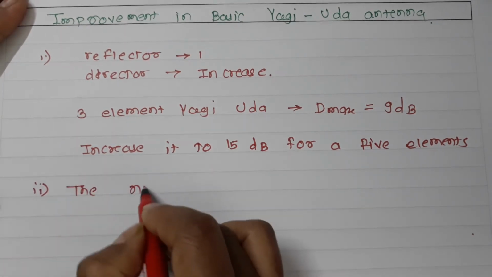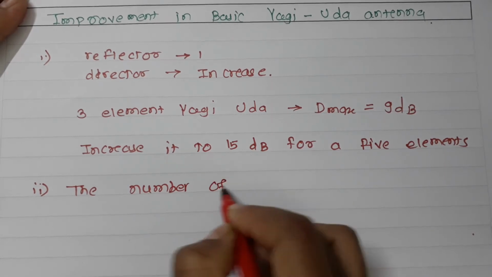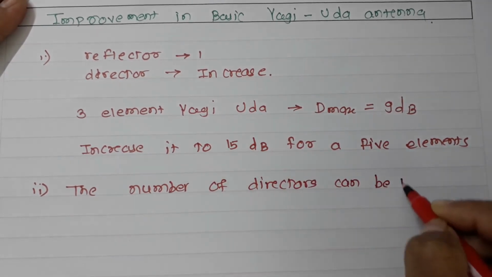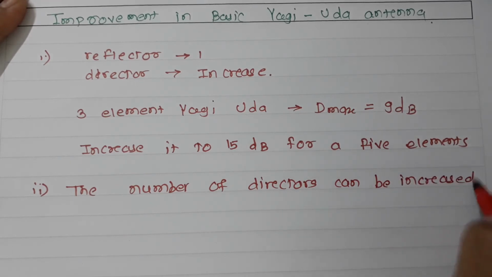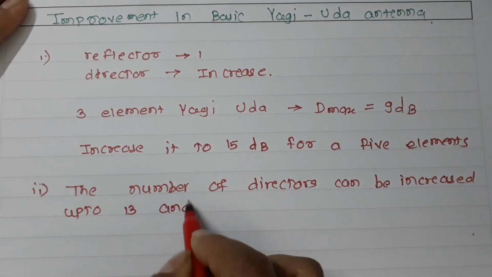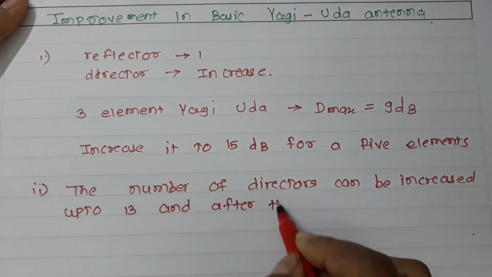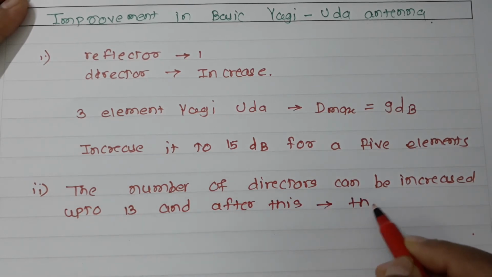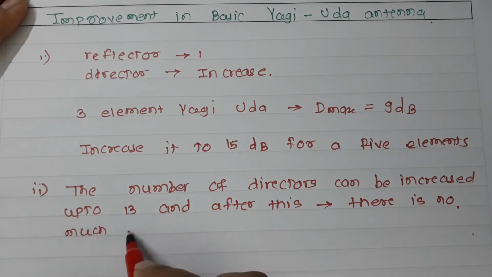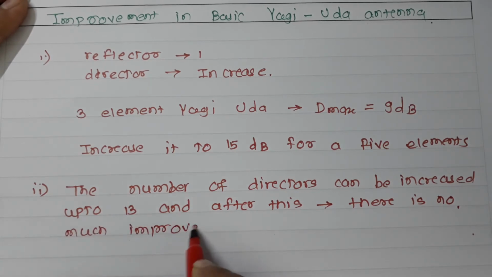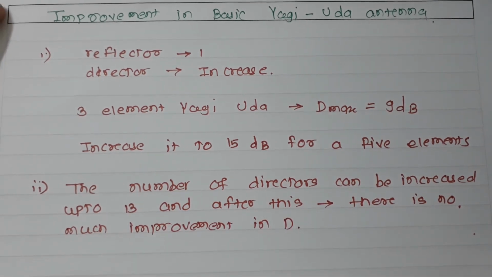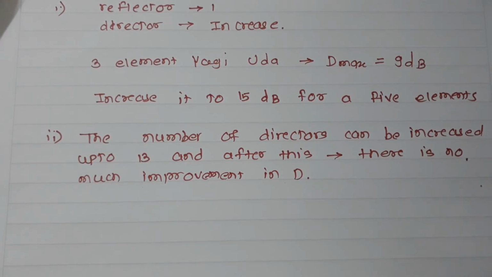The number of directors can be increased up to 13, and after this there is no much improvement in directivity. That's why there is no use of increasing the elements more than 13.